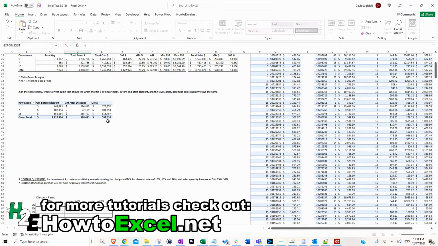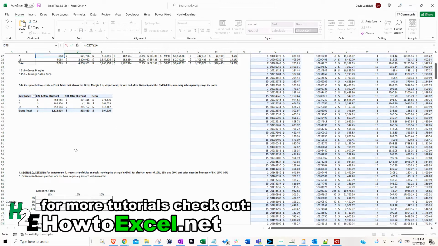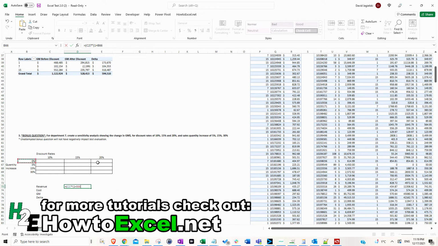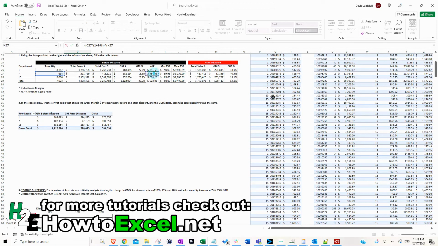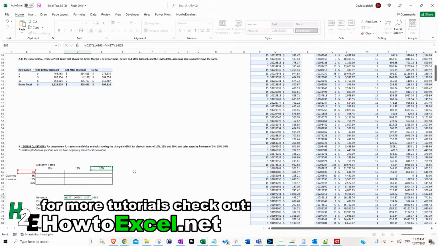So I'm going to take the original quantity, multiply that by 1 plus the increase. And in this case, my increase is going to be 0% because I'm not changing it. So again, I'm just trying to reproduce what I had before. And then what I'm going to do is multiply this by the average selling price here, and then multiply that by 1 minus the discount, and the 20% discount.